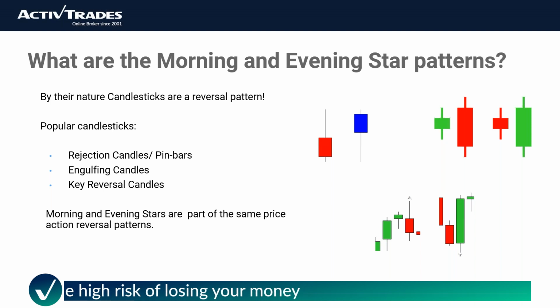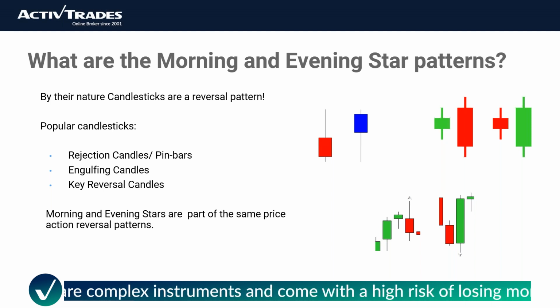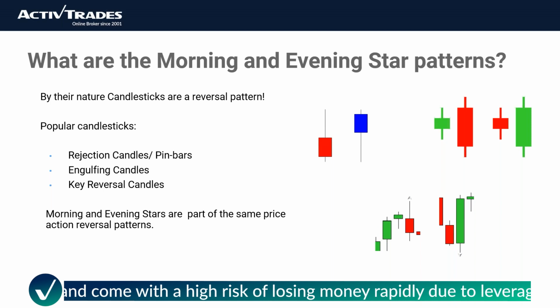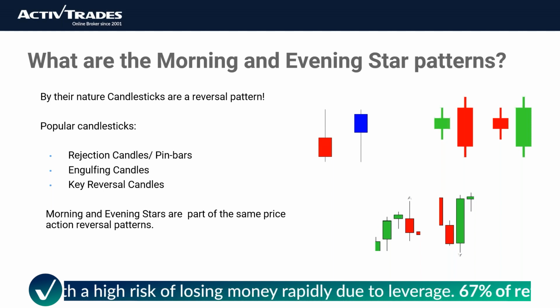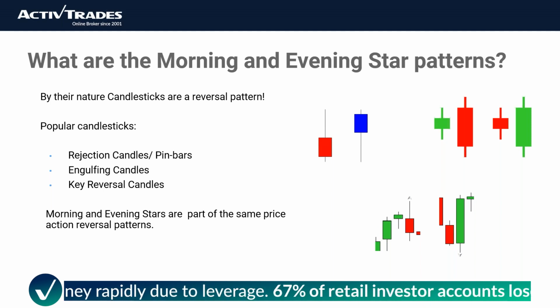So, as I said, we've talked quite a lot about price action patterns and candlestick patterns, and it's just to remind you that sometimes people lose track of the fact that by their very nature, candlesticks are a reversal pattern. And they are very often utilized by myself and other traders, along with things like rejection candles or pin bars, engulfing candles, and key reversal candles.